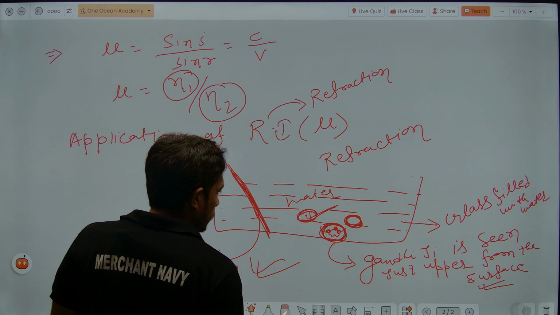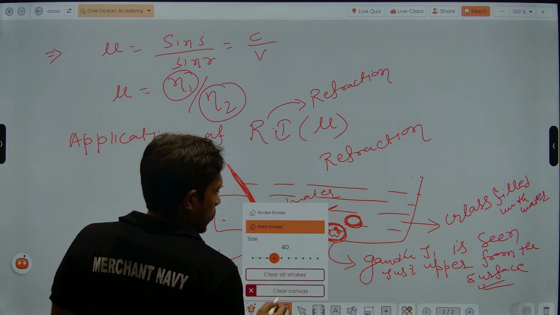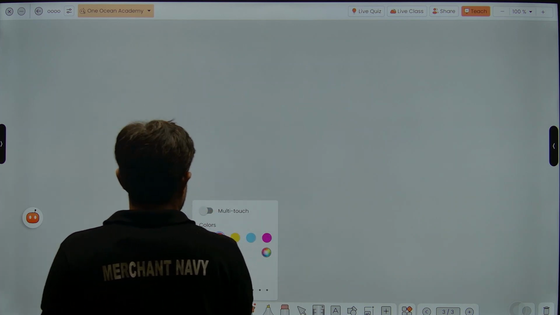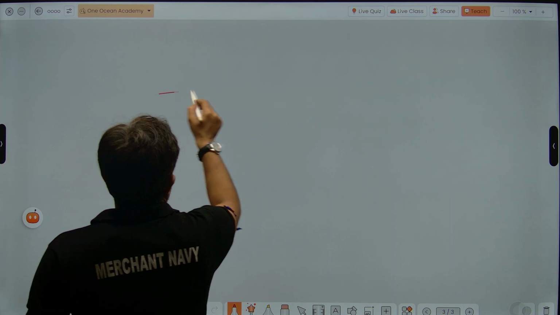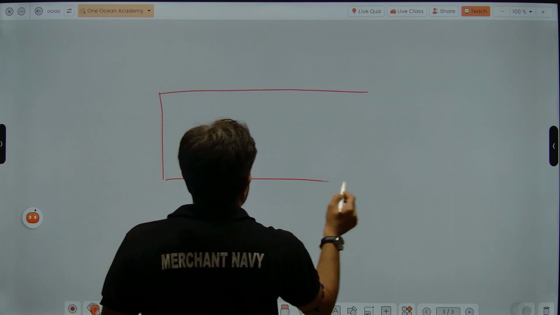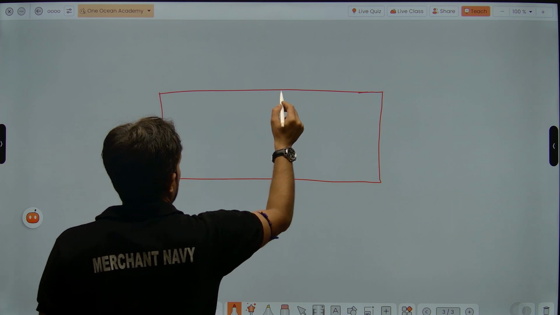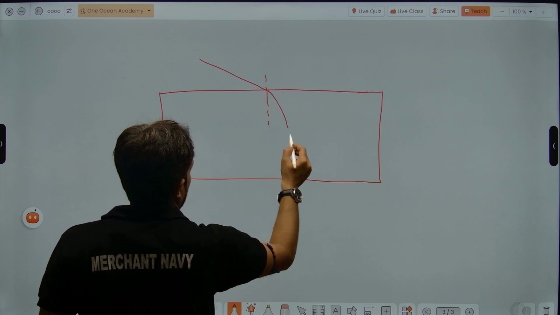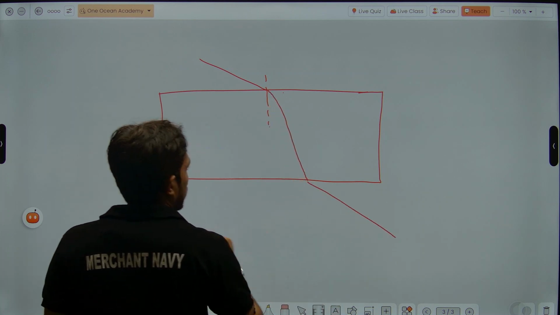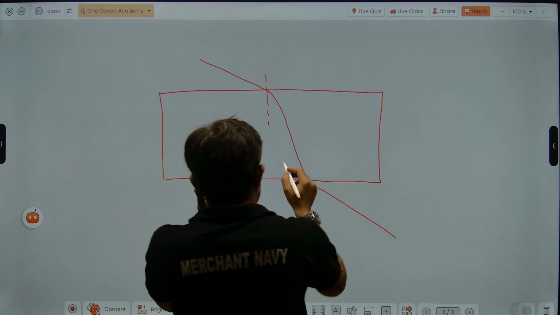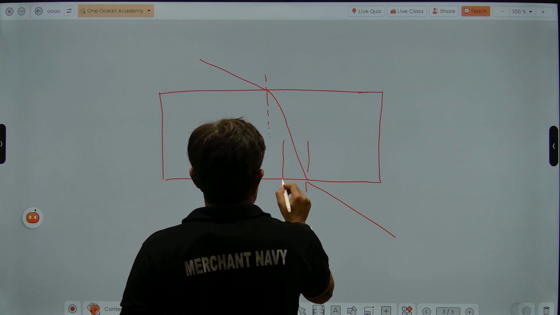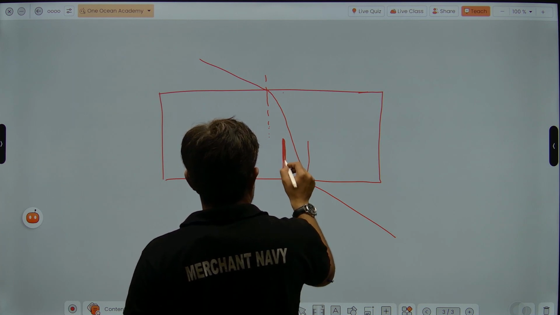Now let us see this type of thing. Suppose this is a pencil in its original form, kept in the glass.